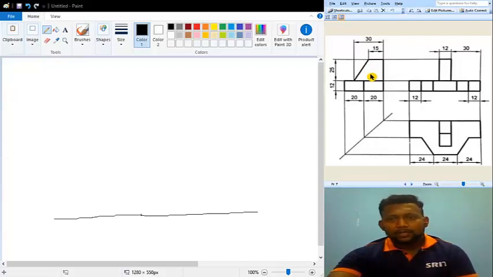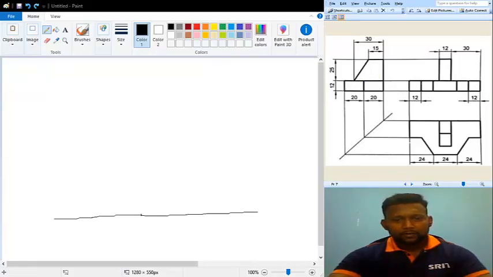How am I able to tell that? Because it is on the left side. If it is on the left side, it is the right side view. If it is on the right side of the front view, it is the left side view. Okay, vice versa. So that means my front view should be to the left side on the isometric view.